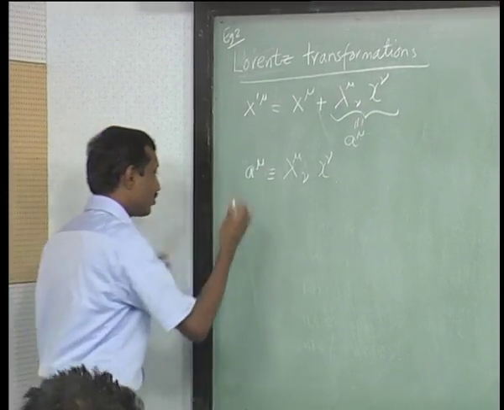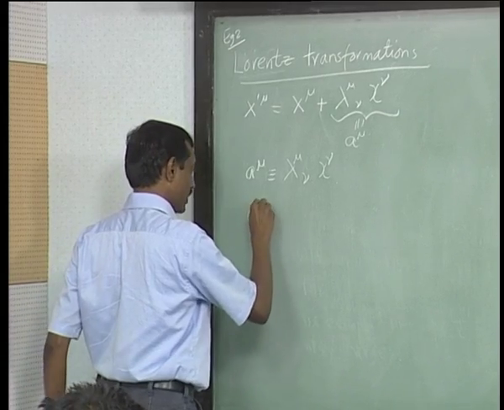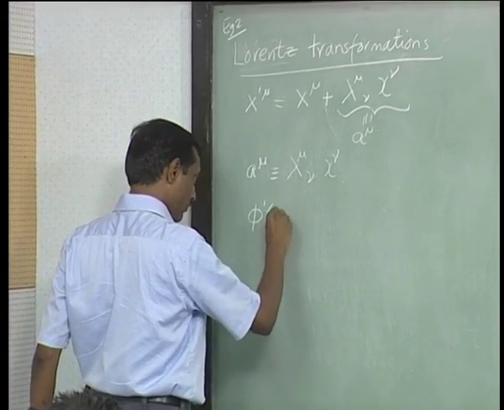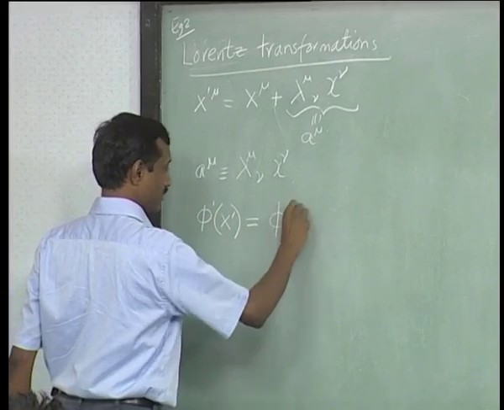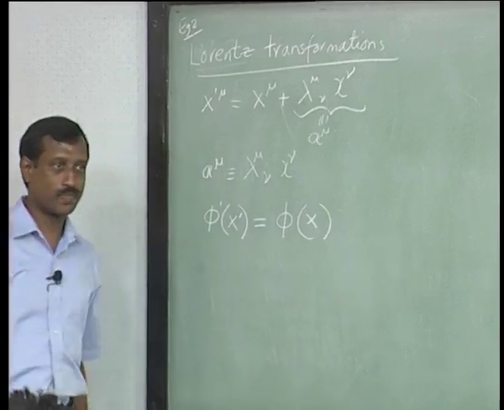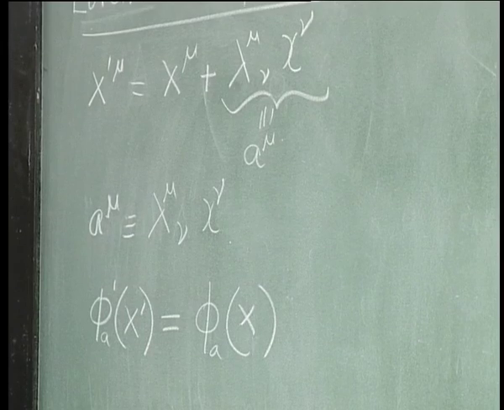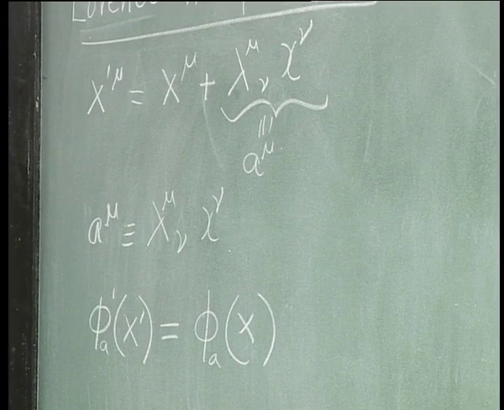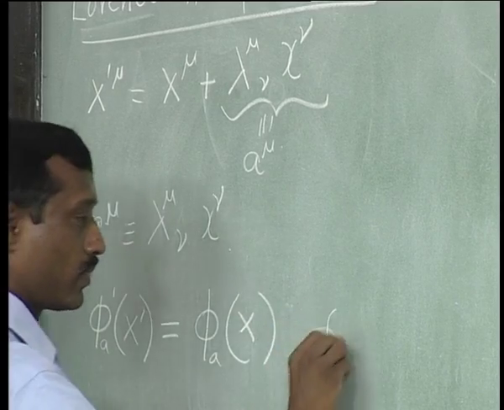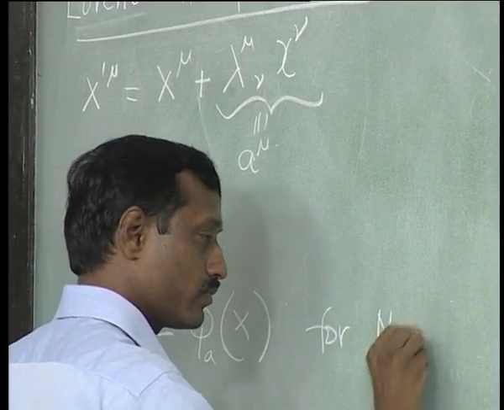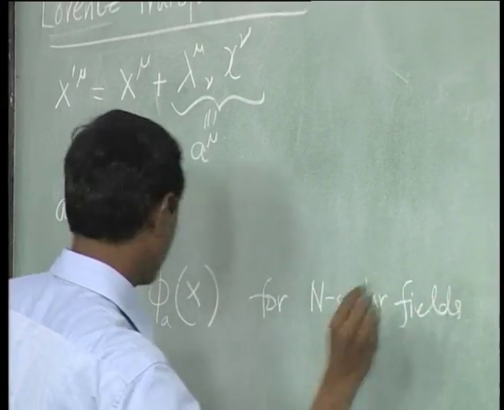What about, let us say we have a single scalar field. For a single scalar field, we know that we get something like this: phi prime of x prime should be equal to phi of x. Even if they had indices, it does not act on the indices at all. The Lorentz transformation, if it is a scalar field, this is for it.